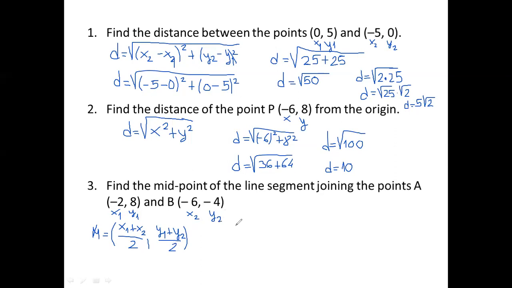So I can plug into the formula, and we will get that instead of x1, I will put -2. Instead of x2, I'll put -6. So here we'll have plus, and then -6, divided by 2.